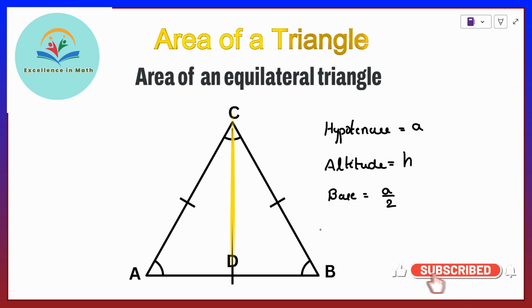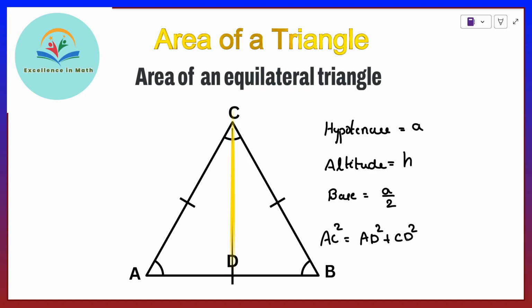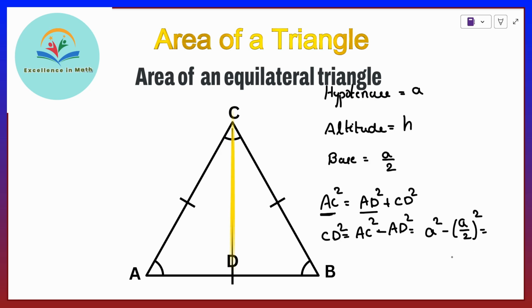With the help of Pythagoras theorem, AC square is equal to AD square plus CD square. Here, we know AC square and AD square. So, in order to find CD square, we can write AC square minus AD square. That is A square minus (A by 2) whole square, that implies A square minus A square by 4, 1 minus 1/4, that is 3/4.